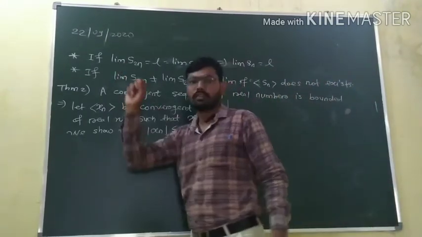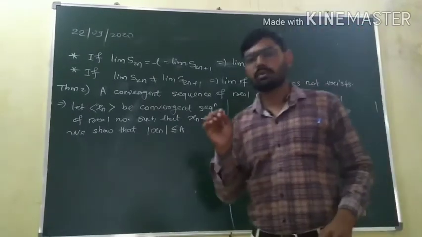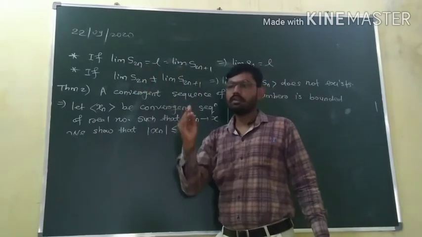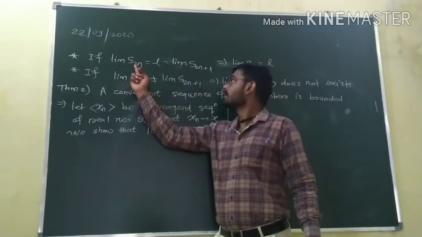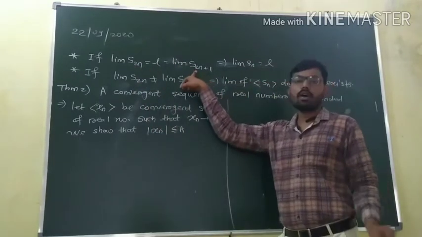If Sn is a sequence and we derive two subsequences of Sn, one is the sequence of even terms, S2n, and the other is the sequence of odd terms.